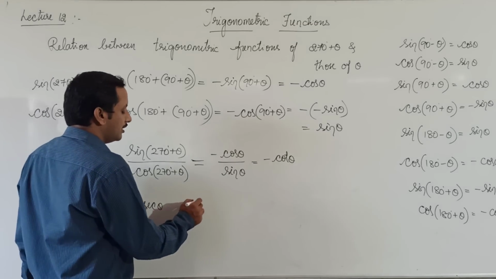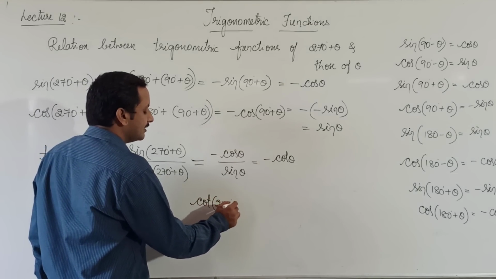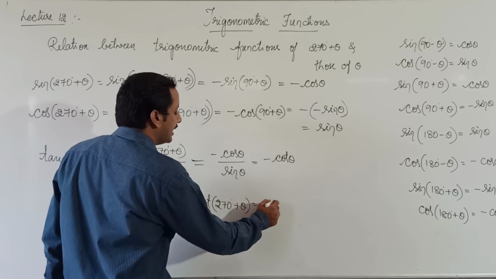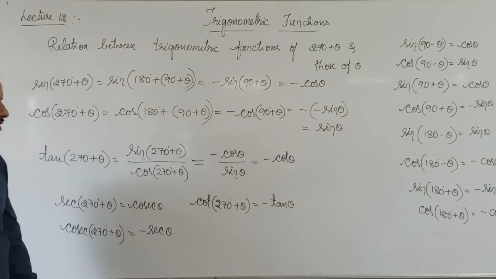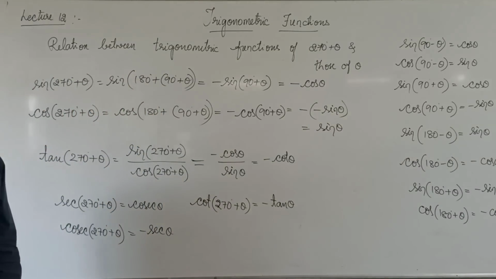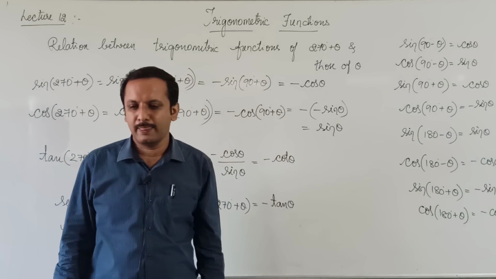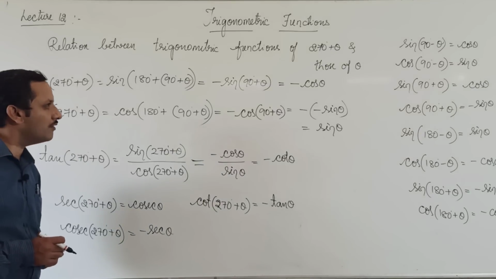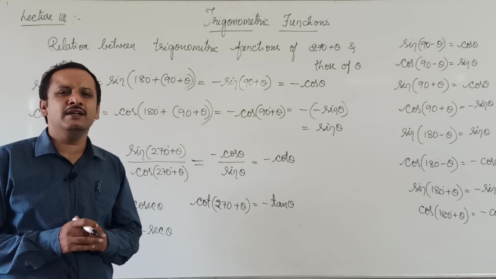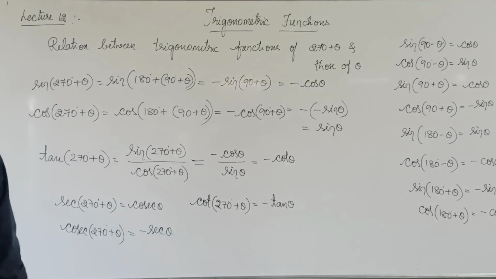Then finally cot 270 degree plus theta is equal to minus tan theta. So these are the relations between the trigonometric functions of the angle 270 plus theta and the trigonometric functions of the angle theta.